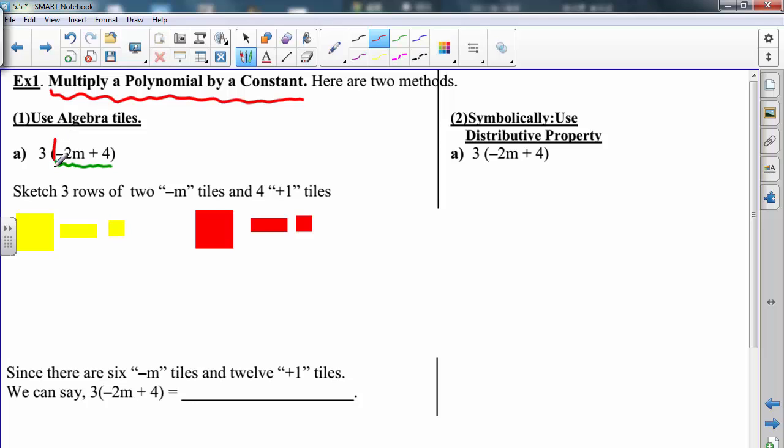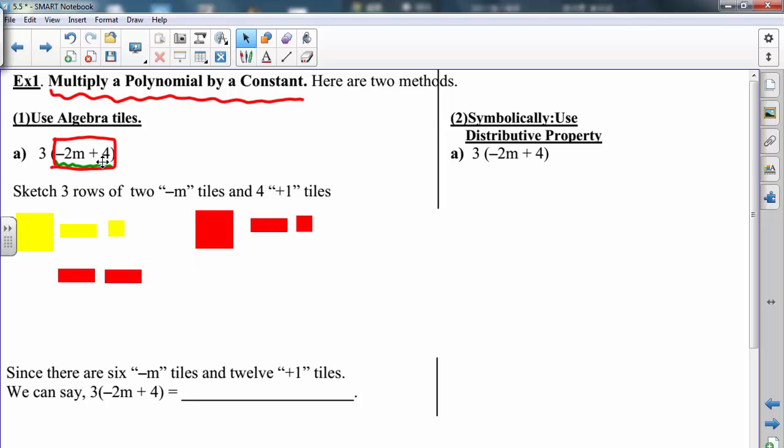So I will still model this binomial in the brackets first. Negative 2m plus 4. Negative 2m is the first term in the binomial. Negative 2m means I need to drag 2 red rods. Positive 4 means I drag 4 yellow little squares.